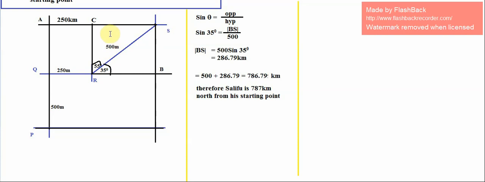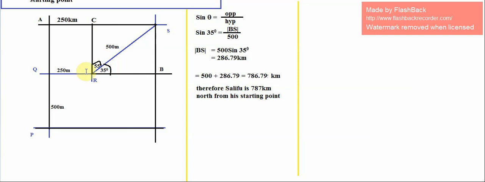So what we need to do is to calculate the value of this line. We can use this triangle and this angle to calculate the value of this line, which is the same as our CS. We can also use this triangle, which is also a right angle triangle, using the 55 degrees, and calculate the value of this line directly.